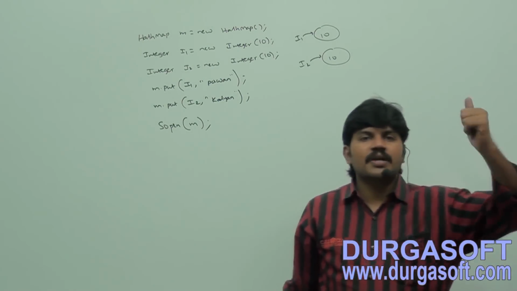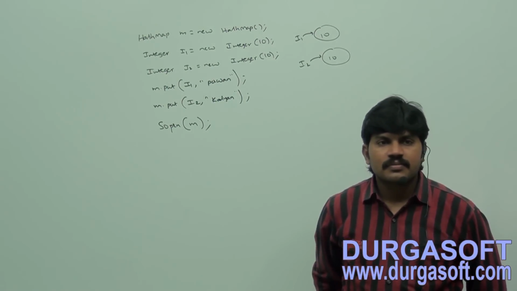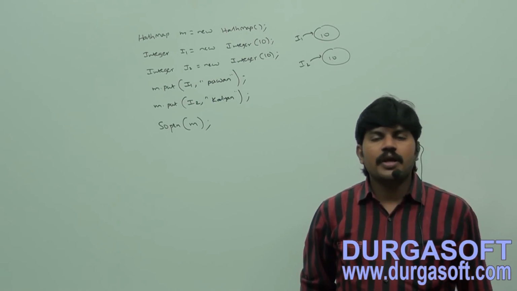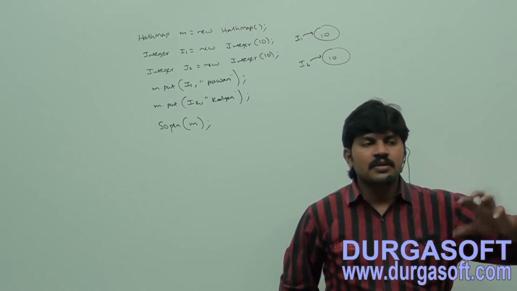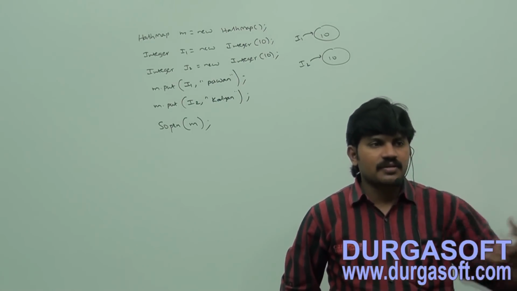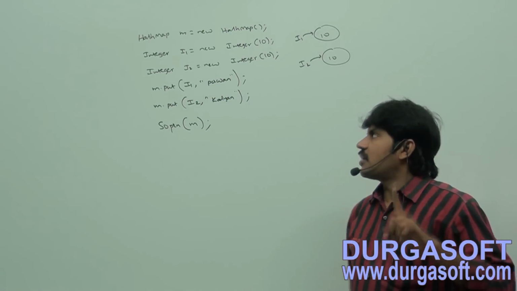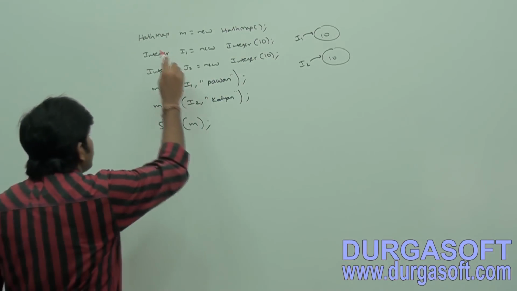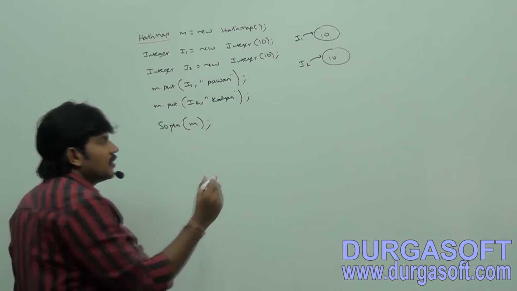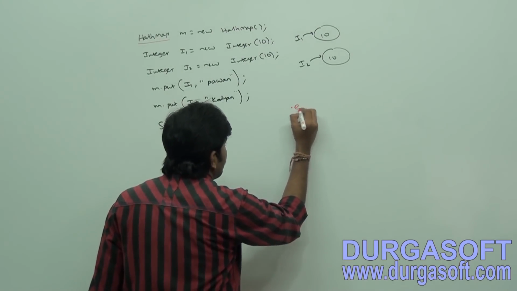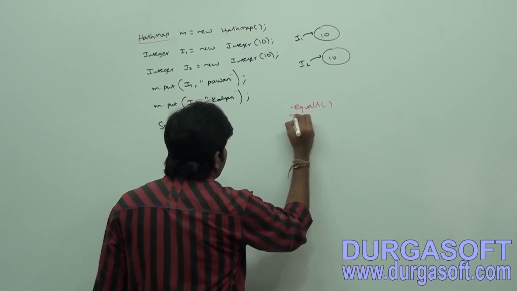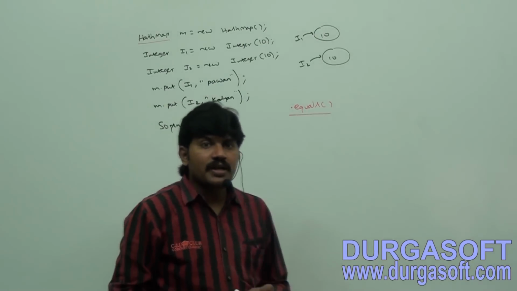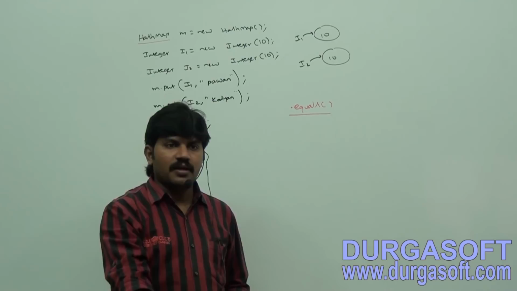No. How can the JVM decide these are duplicate keys? Who told you hash code is going to be considered? Hash code is considered to identify the location. So in the case of a normal HashMap, the JVM will use the dot equals method to identify duplicate keys, to check whether this key is already there or not.